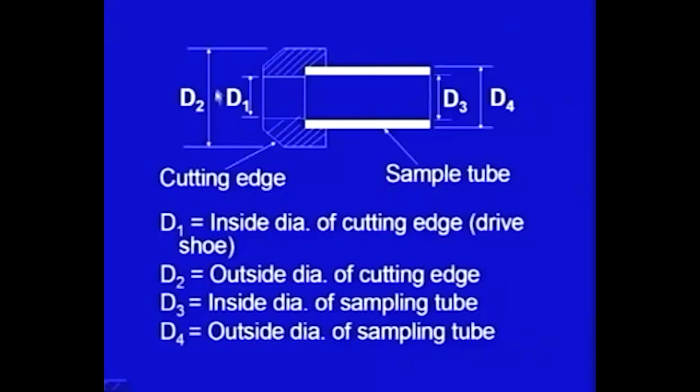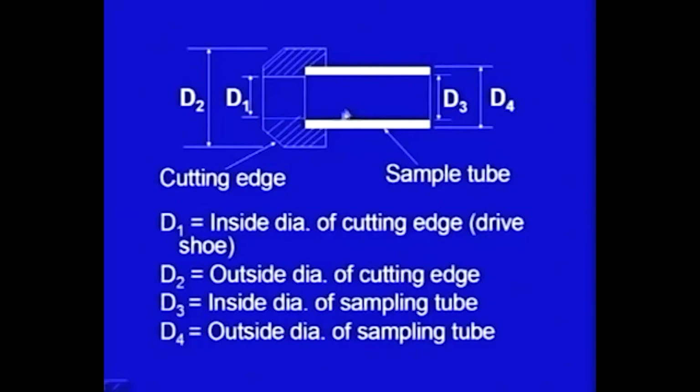D2 is the outside diameter of the cutting edge. This cutting edge enters the soil first, and the soil sample will be collected at this place. D3 is the inside diameter of the sampling tube and D4 is the outside diameter of the sampling tube.